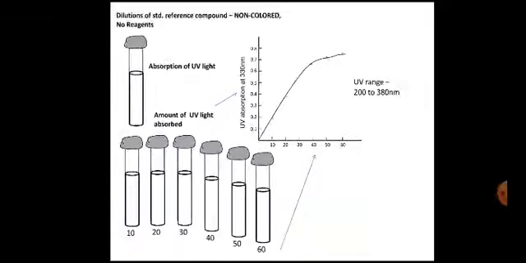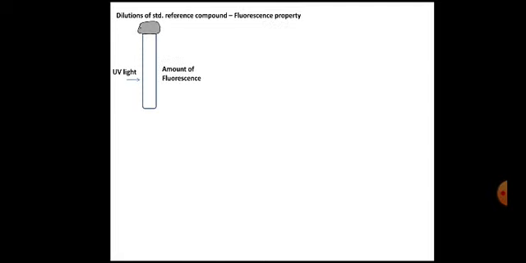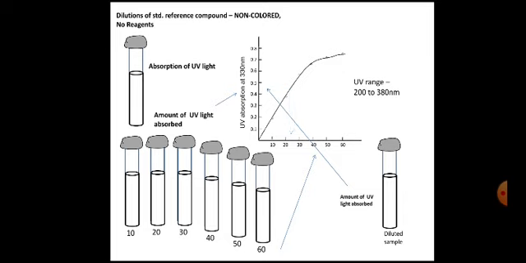Once this standard graph is prepared, you have your fermentation broth sample. Dilute it appropriately and then expose it to the same ultraviolet light. You will get the amount of UV light absorbed. Plot it onto the graph and convert that reading into concentration of fermentation product.